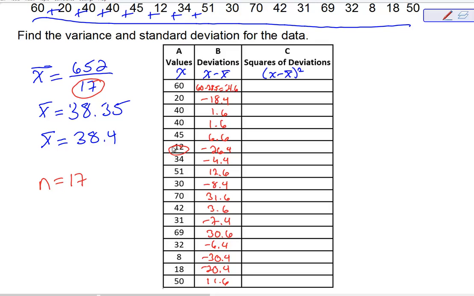Next step is to square each one of these. So I'm going to take 24.6 and I'm going to square it, and I get 466.56. In this column, I don't like to round very much, so I like to leave 2 to 3 decimal places here, if possible, just so that I have enough, and I'm making sure that I'm not cutting off too many decimal places.